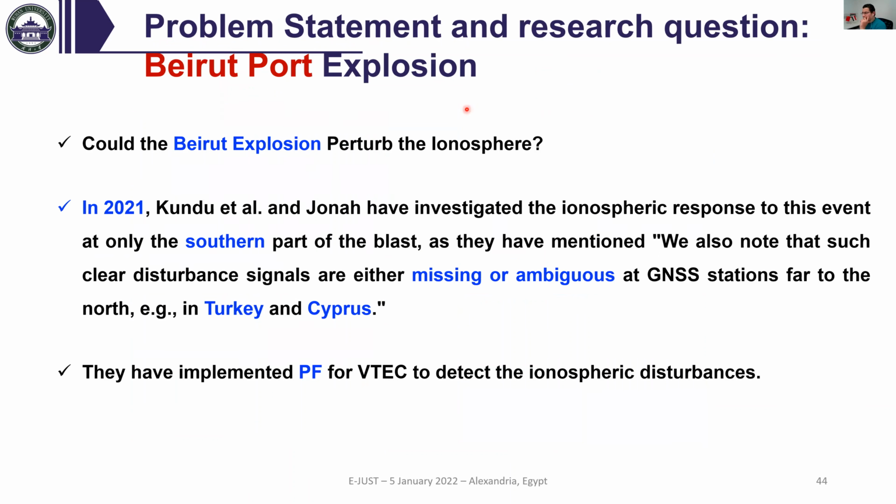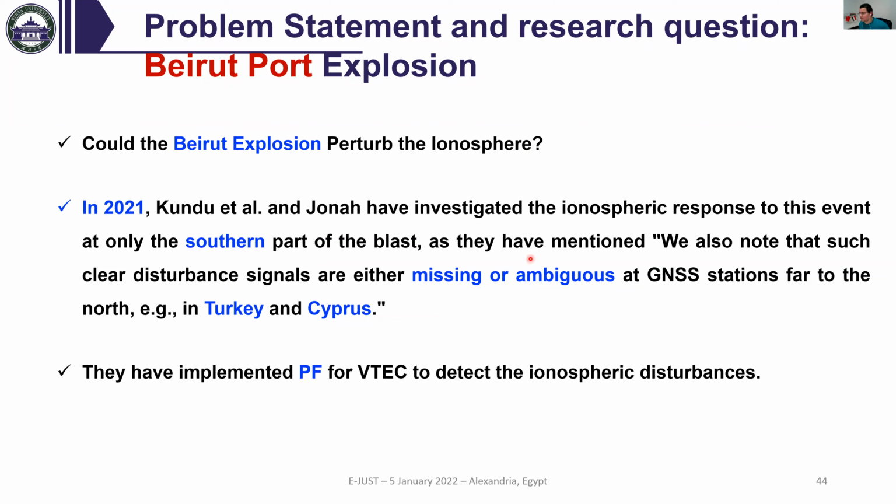The research question for this study: we ask, could the Beirut explosion perturb the ionosphere? Actually, there are studies last year, in February by Kondo, and in September by Jonah. They investigated the same event of the Beirut explosion, and they only investigated the southern part for deviations or anomalies of the ionosphere.